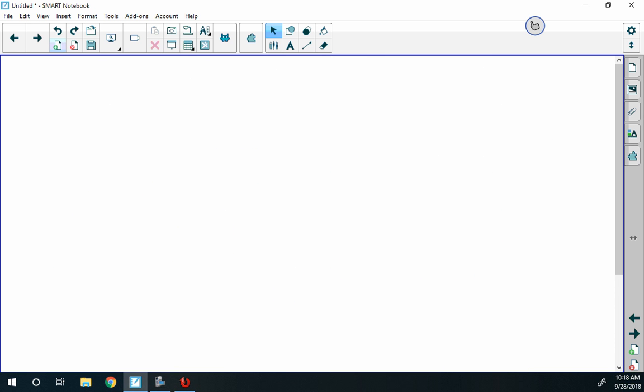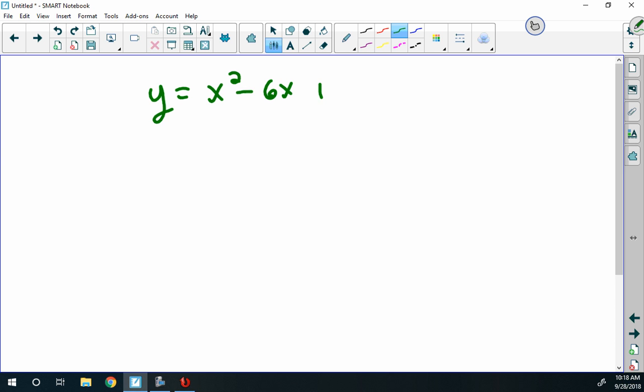Do you remember when we did this, y equals x squared minus 6x plus 3, and you had to find the vertex? I'm going to quickly show you the fast way to do that, and we'll talk about this in 2 weeks' time.